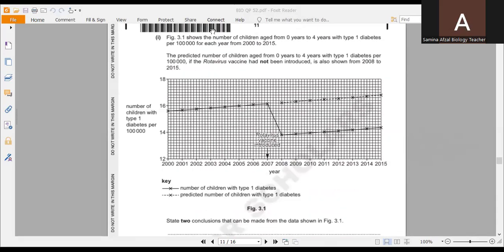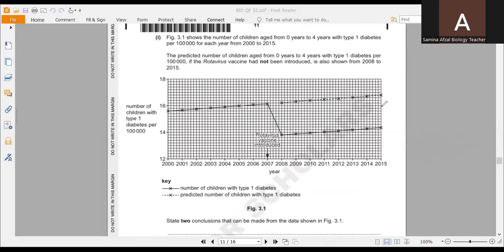So directly moving towards the question: figure 3.1 shows the number of children aged from 0 to 4 years with type 1 diabetes per 100,000 for each year from 2000 to 2015.